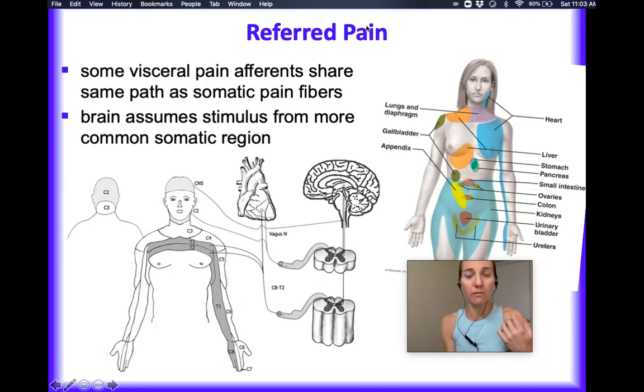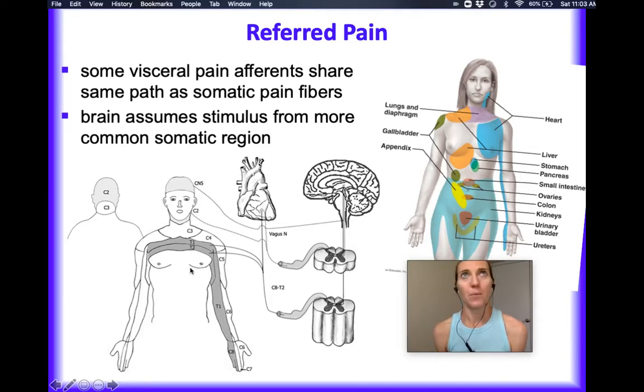The reason for that is you actually see fibers T1 through T4 that are shared between the heart. Those afferent inputs are shared between the heart as well as those dermatomes along the left arm. And that's why one of the warning signs of a heart attack can be felt along those pathways.